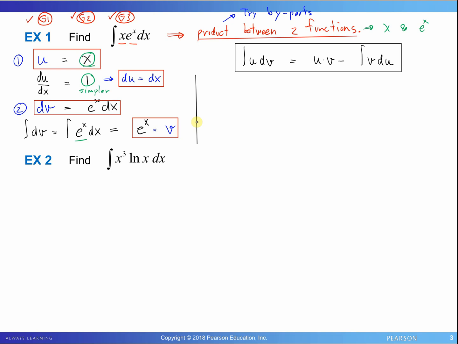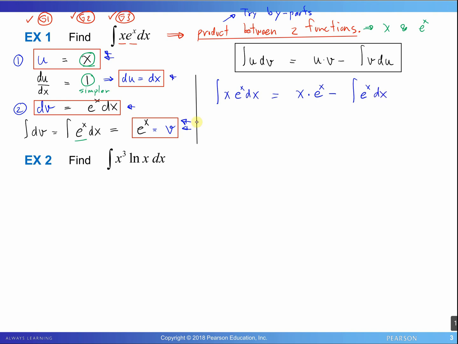And now we have an integral of u dv, u is right here, equal to x, and dv is right here, equal to e to the power of x dx, equal to u times v, u once again is equal to x, times v, which is right here, e to the power of x, minus integral of v, which is right here, e to the power of x, and du is right here, equal to dx.